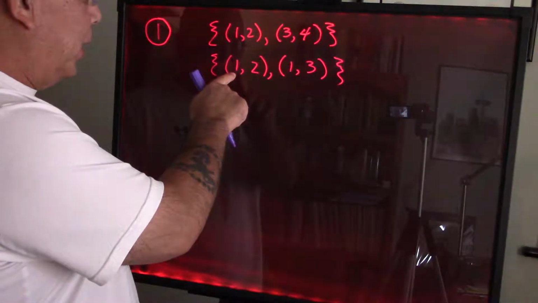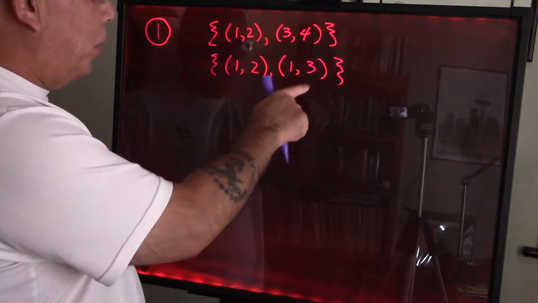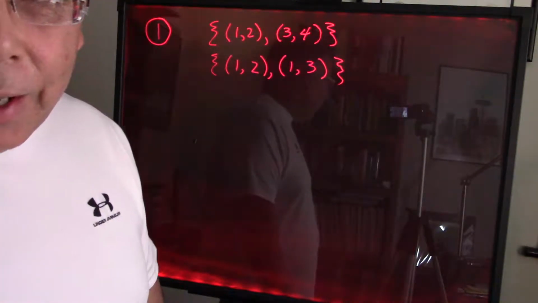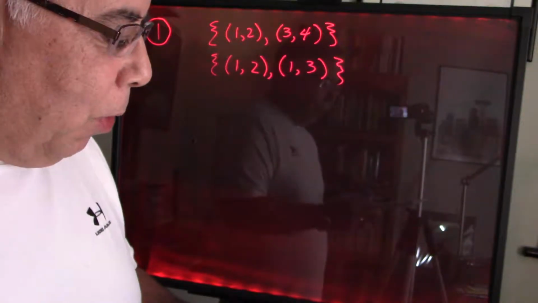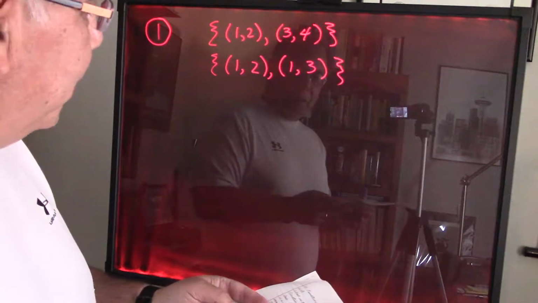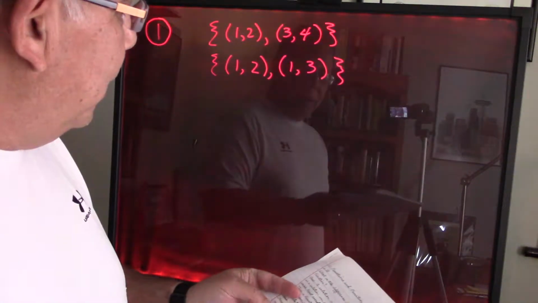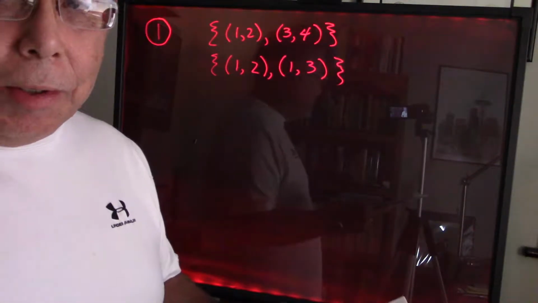So in other words, when x equals 1, y could equal 2 or 3. So that is not a function. So a function, again, is a relation. It's a set of ordered pairs, but it's a special kind of a relation.